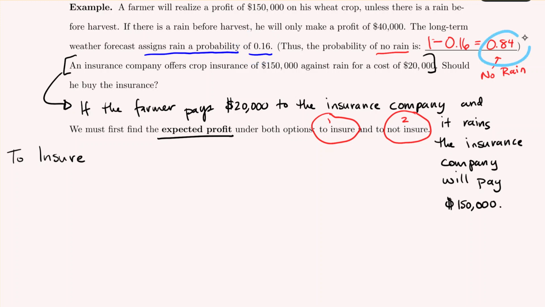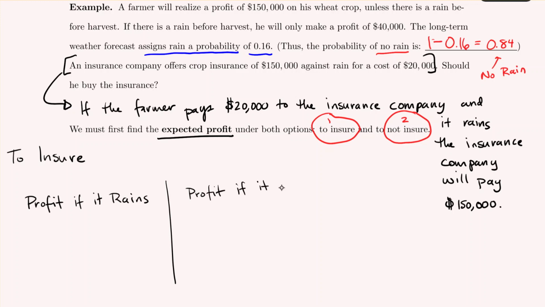The likelihood of no rain is 0.84. So if we insure, let's figure out the profit in the case that there is rain. And the profit if it does not rain.